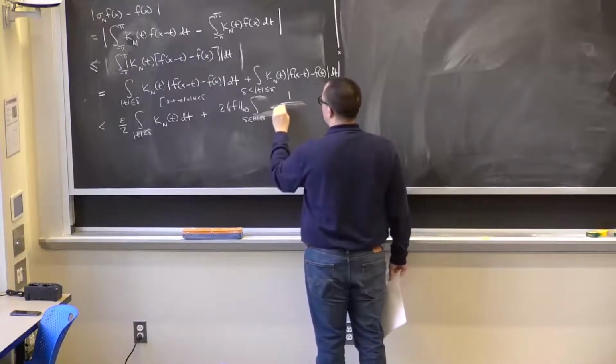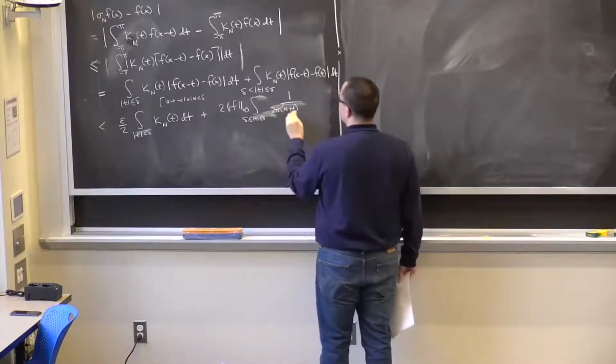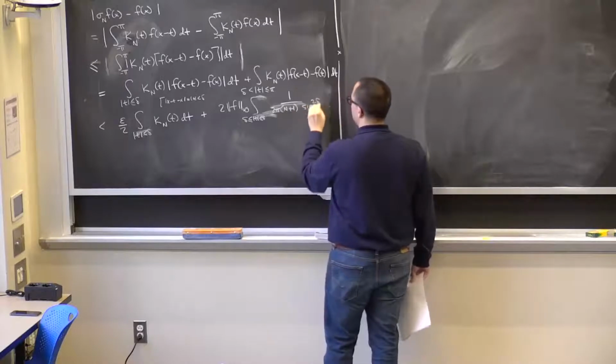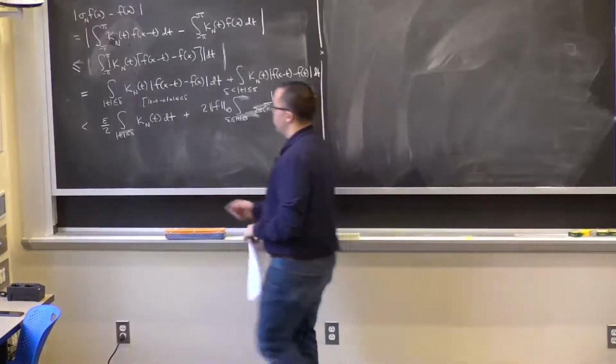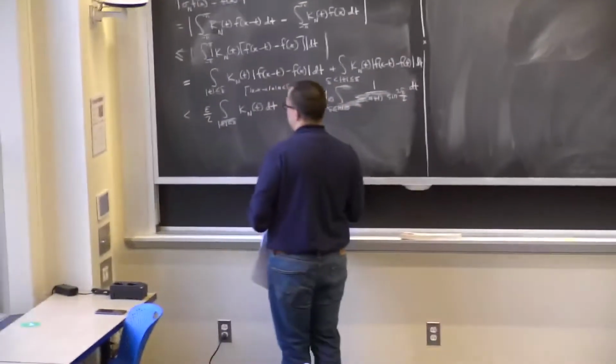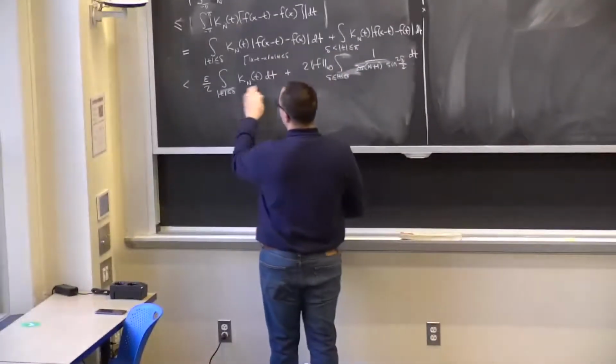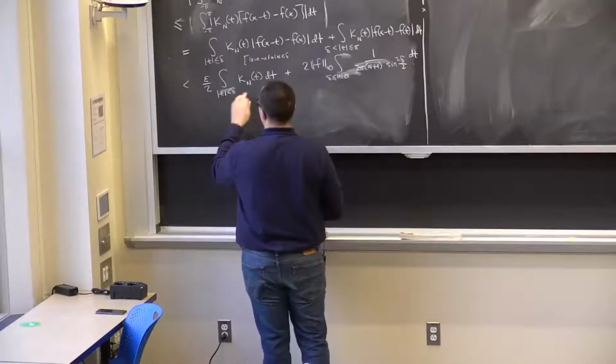Sum, 1 over 2 pi n plus 1 sine squared delta over 2, dt. Okay? And now this I can say is less than or equal to the whole integral over minus pi to pi, which is equal to 1.